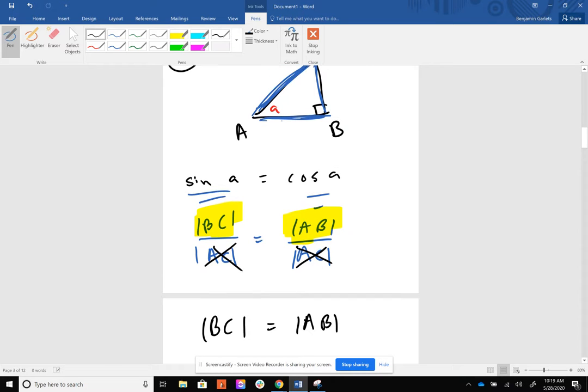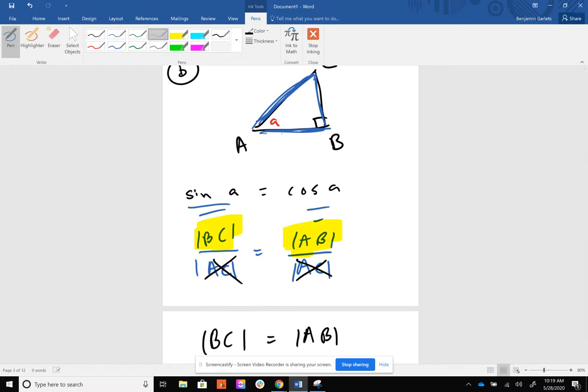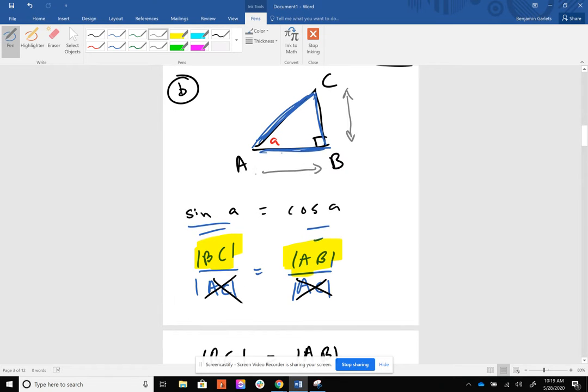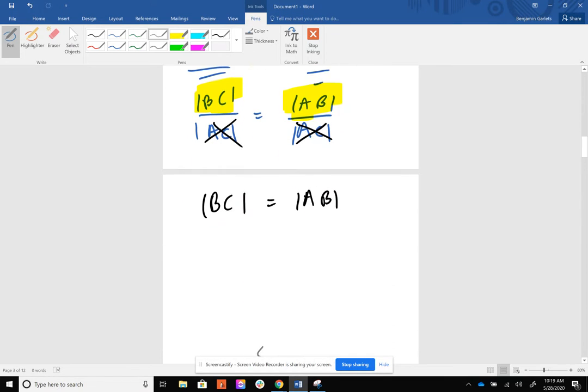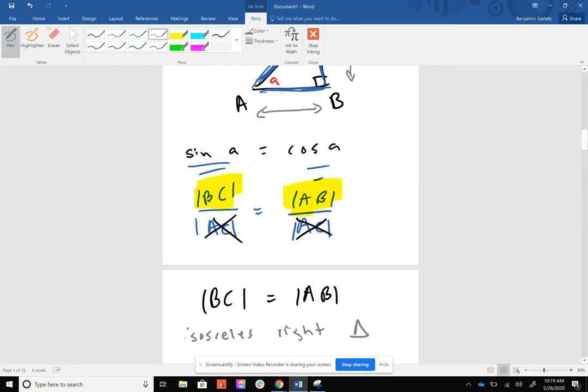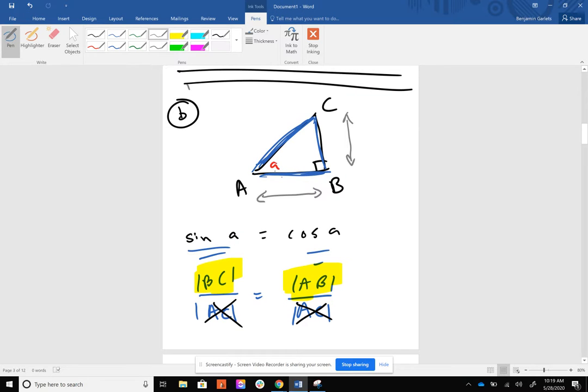So if that's the case, we're dealing with a triangle up here where this distance must be the same as this distance. And I'm hoping that you think back to, oh, that means it's an isosceles triangle, and it's a right triangle. So it's an isosceles right triangle. When you have an isosceles triangle, not only are your sides congruent, but your angles are congruent.